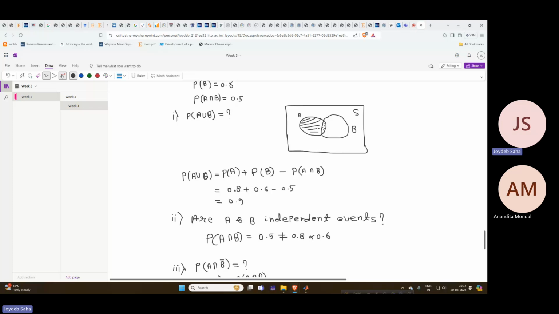If this is event A and this is event B, take your notebook and try to draw this figure and identify what A complement intersection B complement indicates. And then only you can think about what can be the probability of A complement intersection B complement.